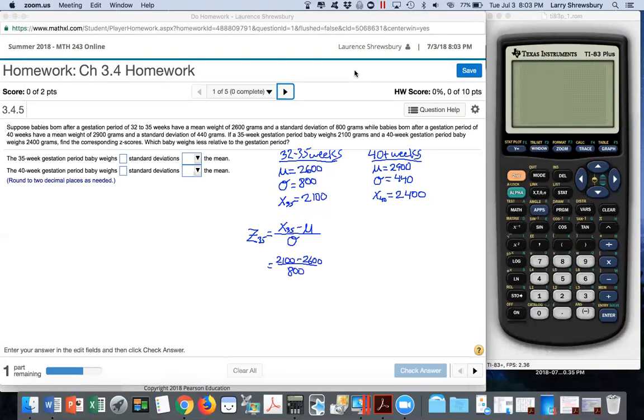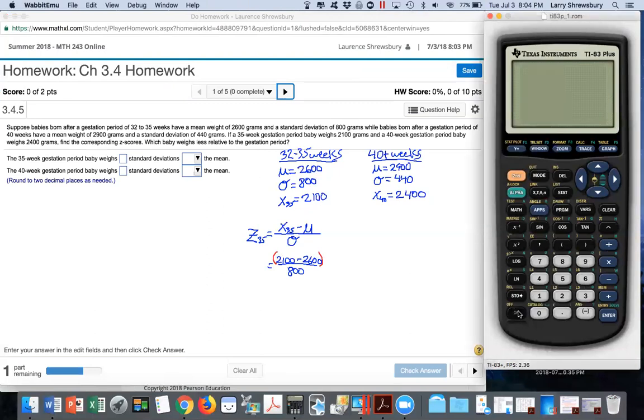But here's something to watch out for. If you're a little rusty with order of operations, you shouldn't be because this class has a math requirement, and you should be very well aware of this. But let's go ahead and punch that into our calculator. You may be new to your calculator, so that's why I want to do this. The left parenthesis is right above the 8 key, so click your left parenthesis, put in the 2,100, then the subtract key, then the 2,600, right parenthesis, that's above the 9 key, divide 800.